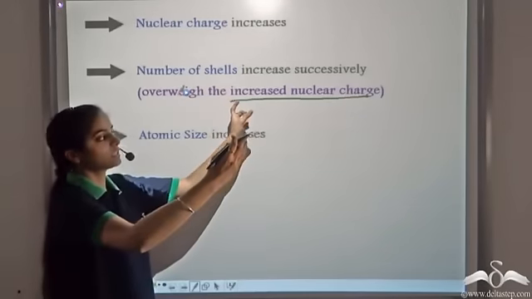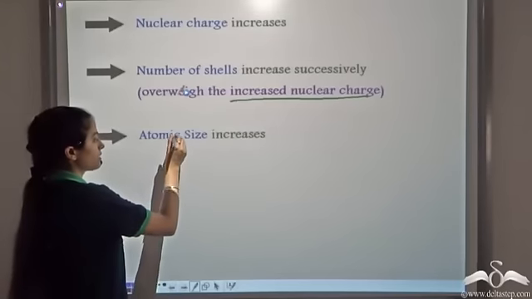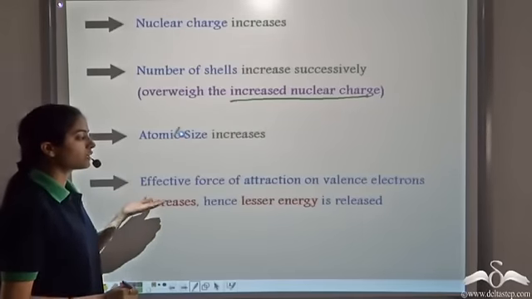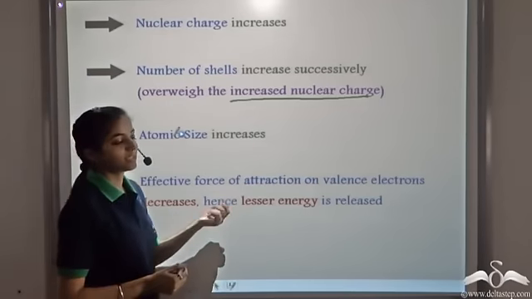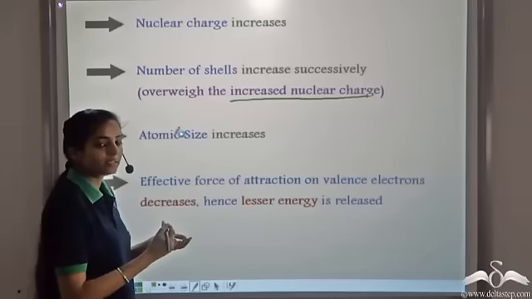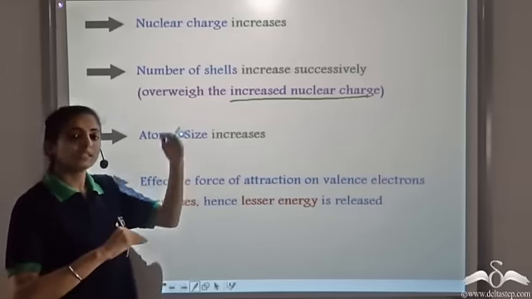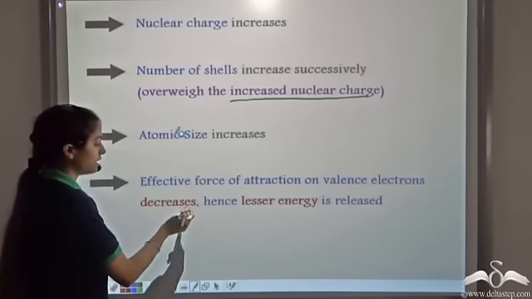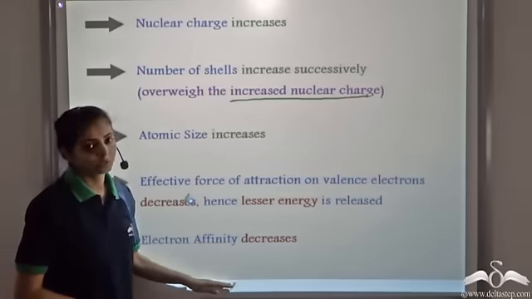They overweigh the increased nuclear charge, so in effect, the atomic size increases. This leads to effective force of attraction on valence shell being decreased, hence lesser energy is released when an electron is added. As the distance between the outermost shell and nucleus increases, there is lesser affinity of electrons towards the nucleus. Therefore, the electron affinity on moving from top to bottom in a group decreases.